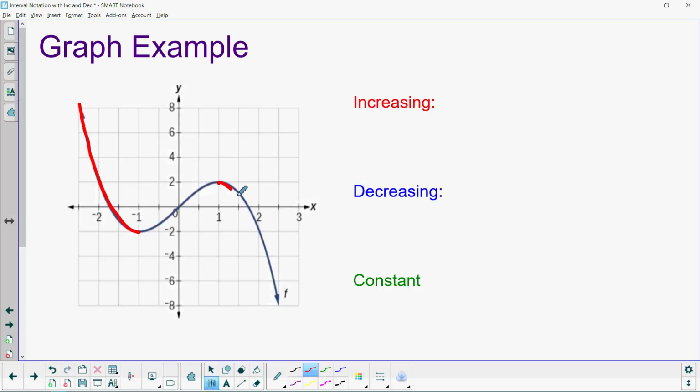So these are decreasing. We want to know, where is this? So when we are telling someone an interval for increasing or decreasing, we are giving x values. Okay, let me say that again. We want to know where on the x-axis this is happening.